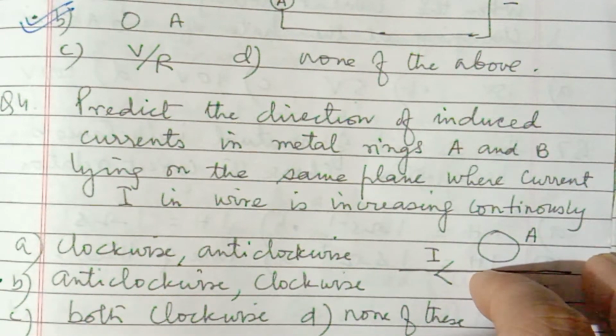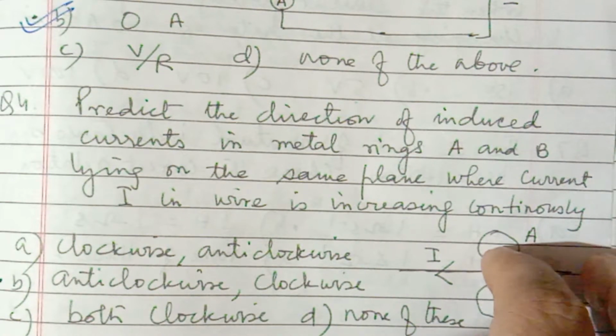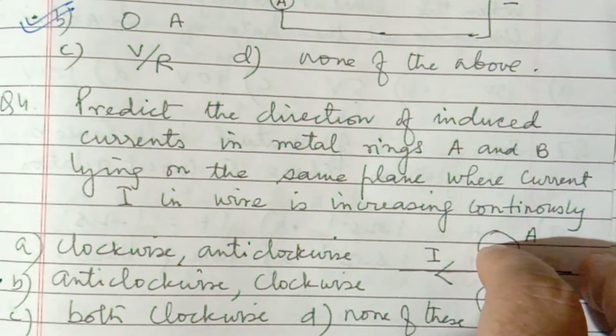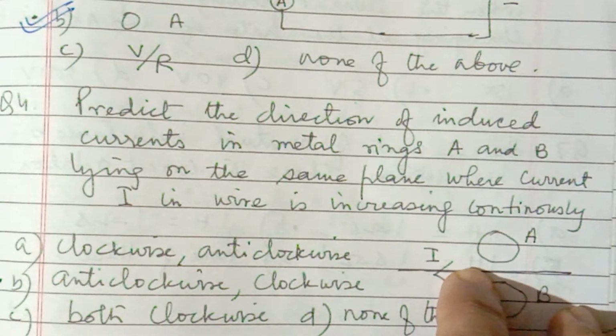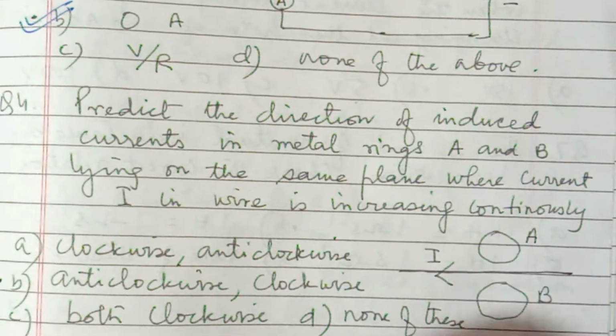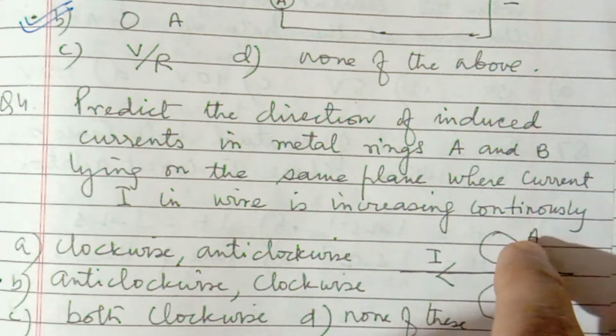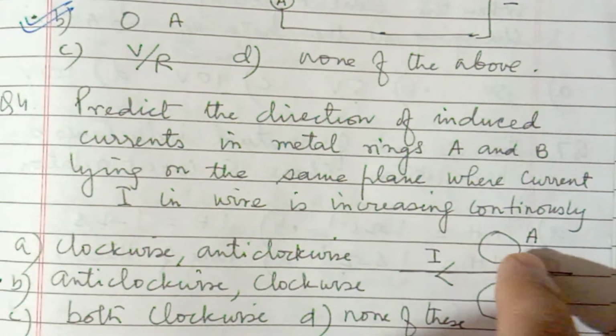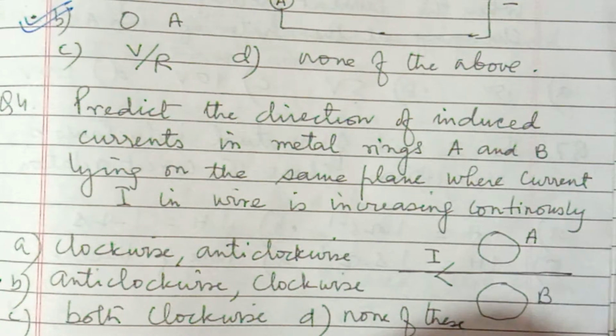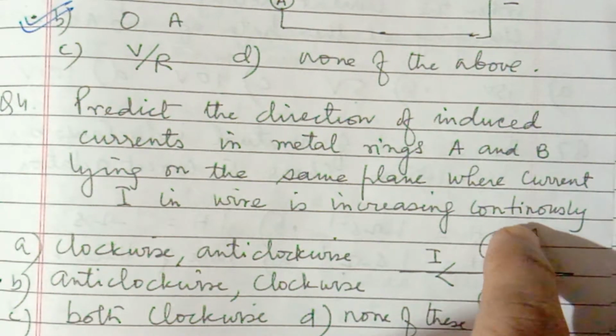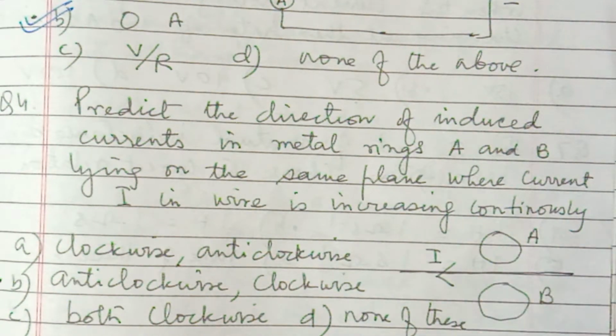So what is the cause? The increasing magnetic field in the downward direction. So due to this, the magnetic field should be in the upward direction, because it is increasing in the downward direction. Now if the magnetic field is in the upward direction here, then what will be the direction of current?